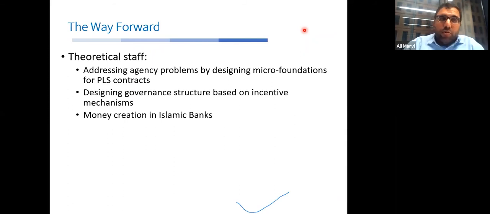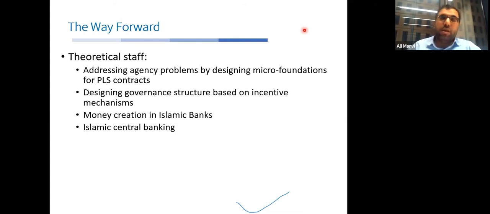Now many scholars are discussing that this new phenomenon is not compatible with Sharia and contradicts some principles in Islam. So that's another issue on the theoretical side of Islamic banking.